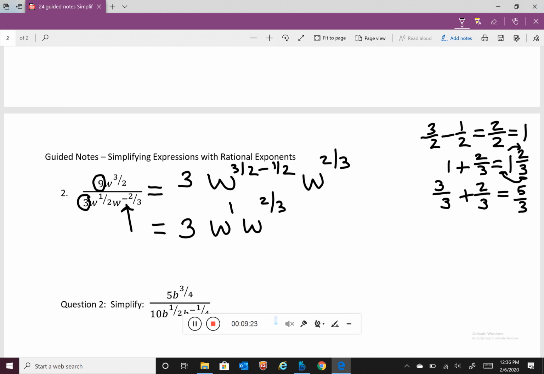Isn't 3 over 3 equivalent to 1? And isn't 3/3 plus 2/3 equal to our 5/3, which we got from converting that mixed number into an improper fraction? And so this is now simplified fully to be 3 times w to the 5/3.